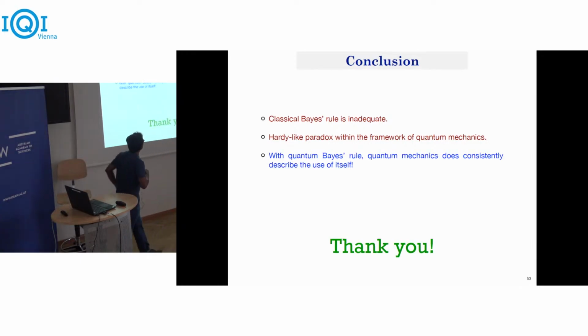What we want to claim is that the contradiction Frauchiger-Renner got is not a contradiction at all; it's a mistake from considering the classical Bayes rule while making their statements. And we have just demonstrated how to resolve it by using the quantum Bayes rule, and that's all for the time being. Thank you very much.